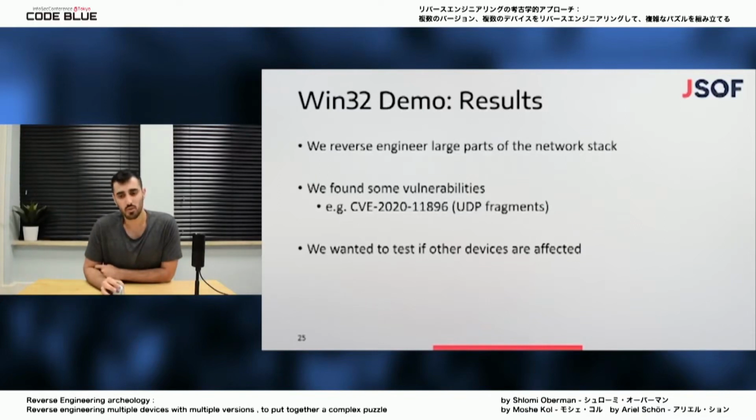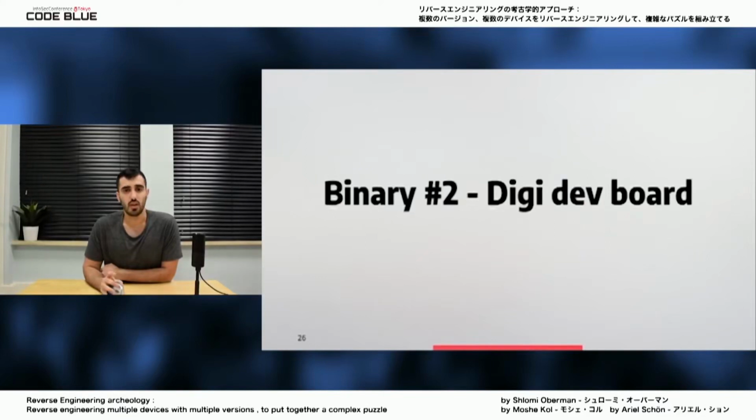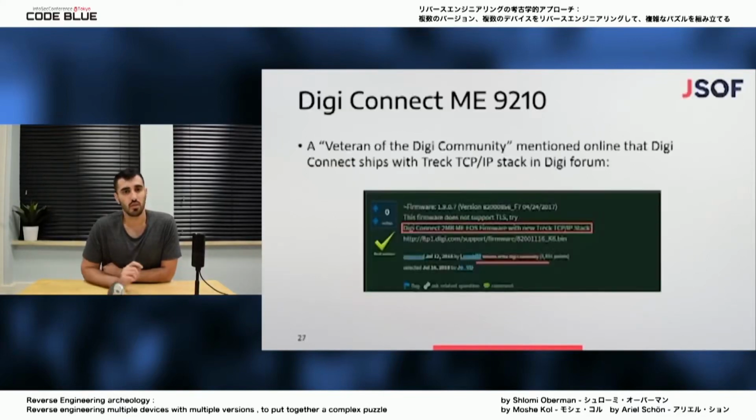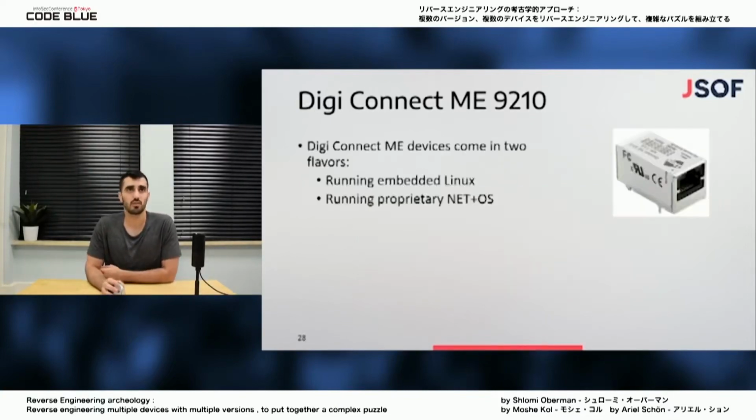So at this point we searched online for devices which run Trek, and we found a device from a company named Digi. We simply found a message on an online forum that says that Digi Connect uses the Trek TCP/IP stack. So we decided to buy this Digi Connect device.